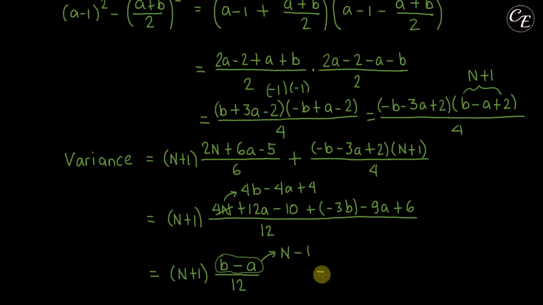So we have now our final expression for the variance, which is n plus 1 times n minus 1 over 12. So we have now derived the variance for the discrete uniform distribution.